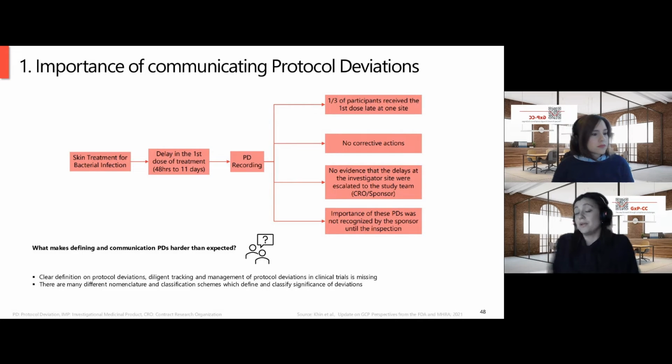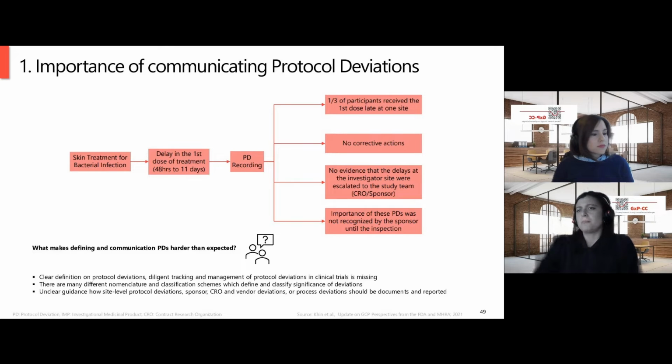So this can lead to defining and communicating PDs being harder than normal. Another thing is that there is no clear guidance on how all kinds of deviations should be handled, whether protocol, sponsor, CRO, or vendor deviations, how they should be documented and reported.